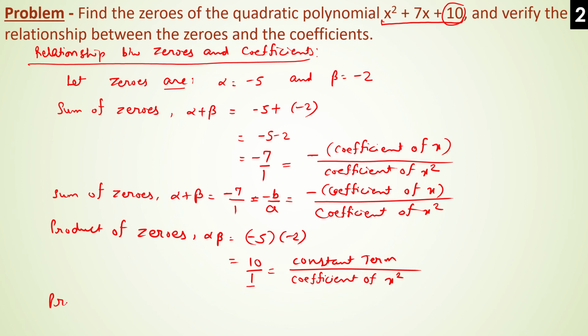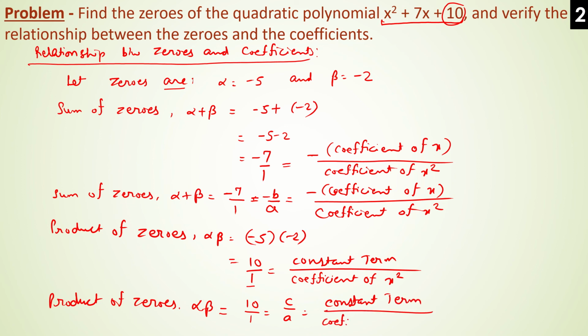So product of zeros alpha into beta is equal to 10 upon 1 equals c upon a, that means constant term upon coefficient of x square. So the relationship has been verified between zeros and coefficients of the polynomial.